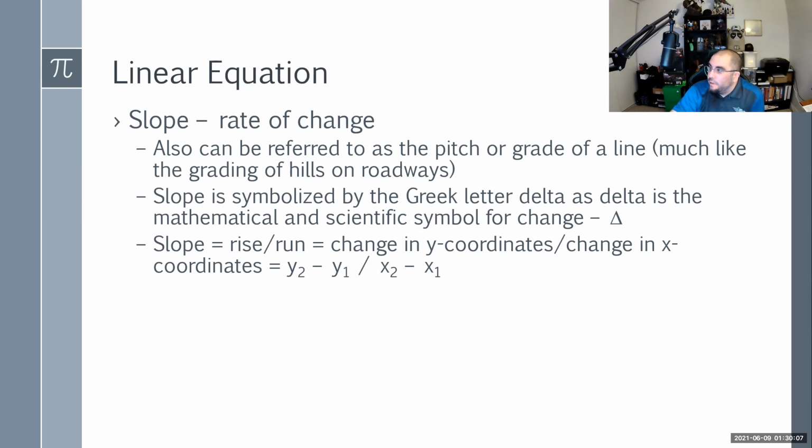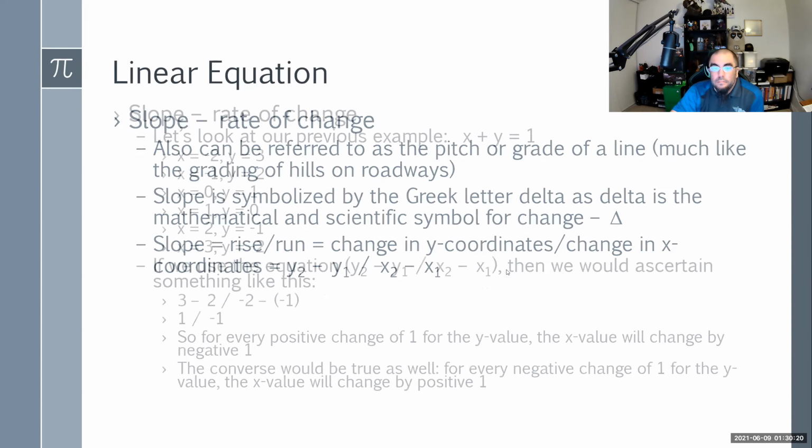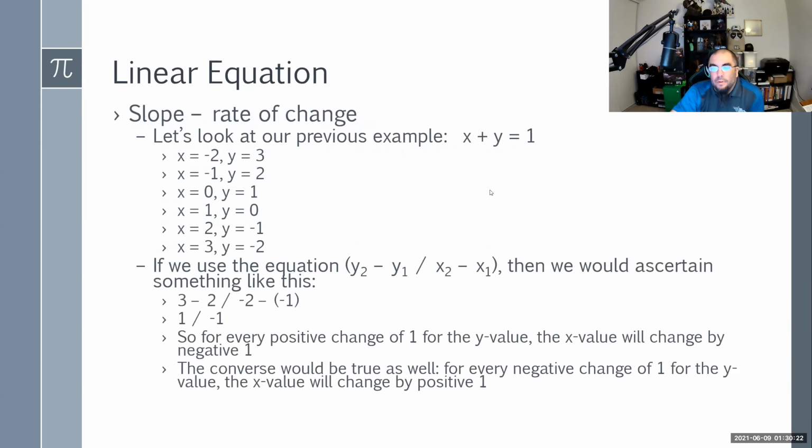So if we wanted to calculate what the actual slope of a line is, we just have to use two different points on that line, put them into this formula, and it'll give us the slope. So let's look at our previous example, x plus y equals 1, right? We have a whole list of coordinates here. If we use this equation, we pick two of these out of this list.